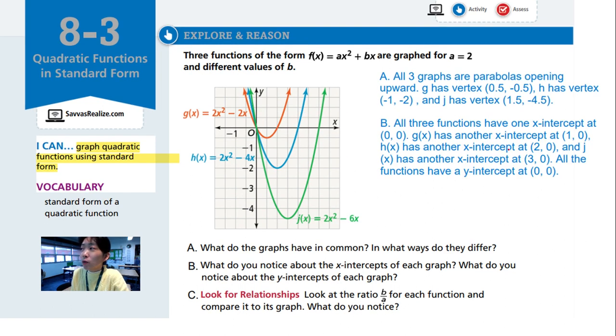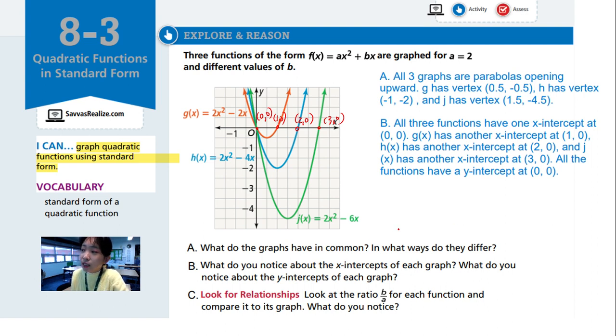All three functions have one y-intercept at 0, 0. G of x has another x-intercept at 1, 0. H of x has another x-intercept at 2, 0. J of x has another x-intercept at 3, 0. All the functions have the same y-intercept at 0, 0.